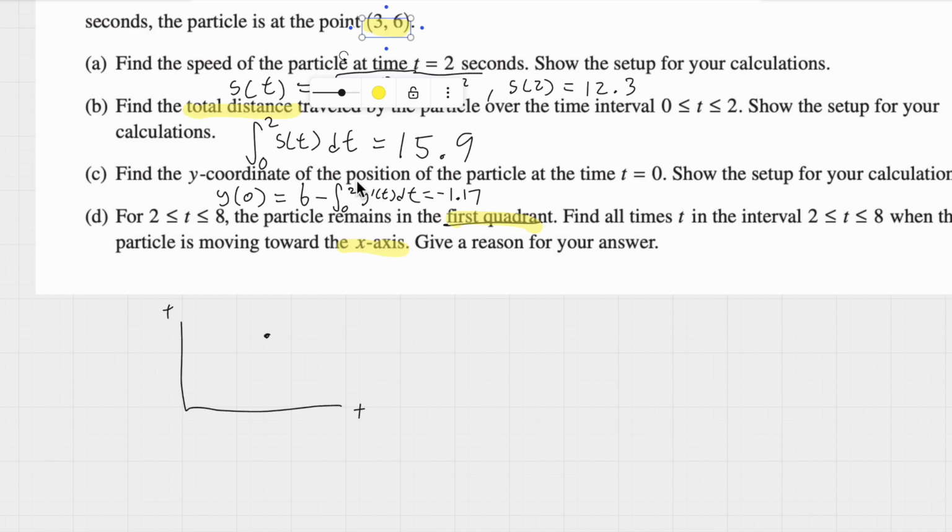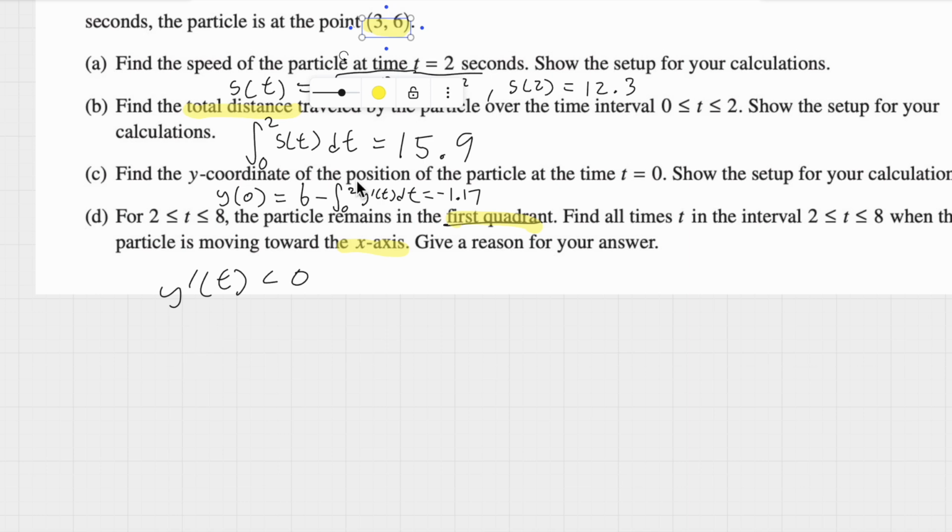And when is it moving towards the x-axis? Well, that's when y prime of t is less than 0, because it's going to move down, right? So what we just have to do is find all instances when y prime of t is less than 0.